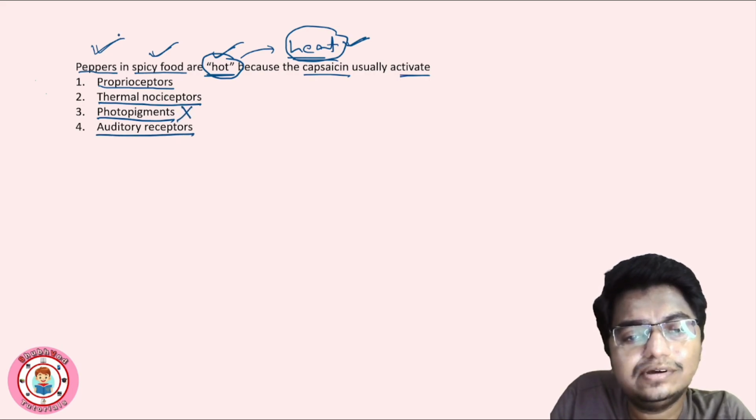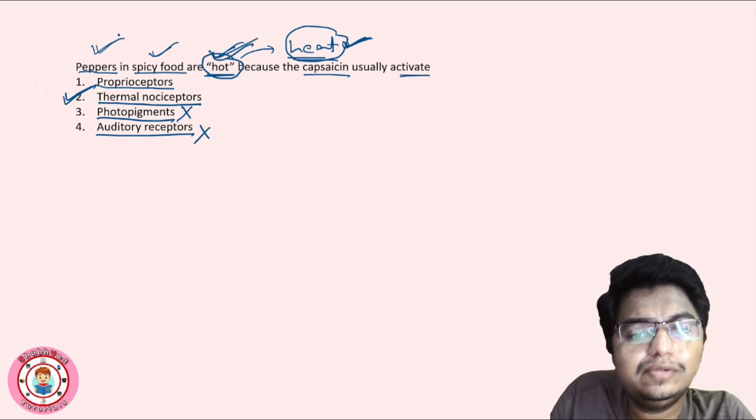Auditory receptors. What is the function of auditory? Related to hearing. So this is also wrong. Proprioceptors we don't know. But thermal receptors, thermal nociceptors will be a confirmed answer. Why? Because this is related to heat and the term is hot.